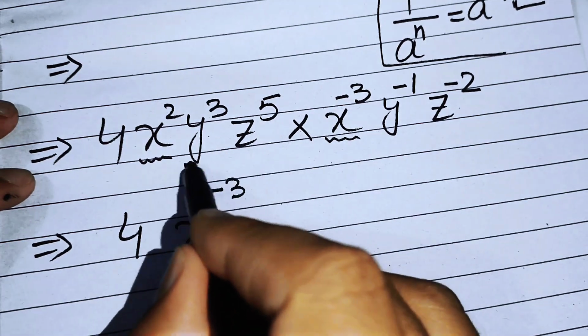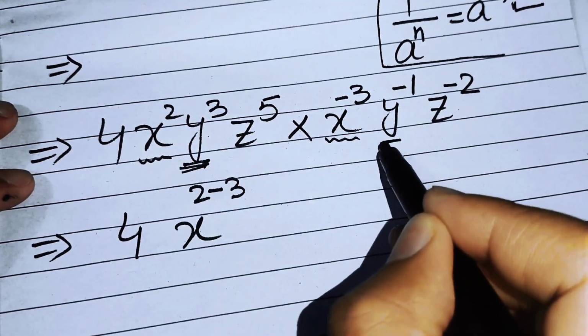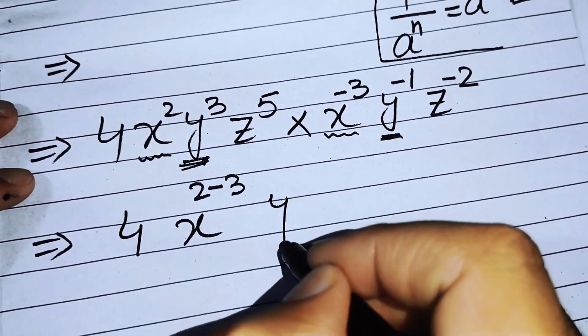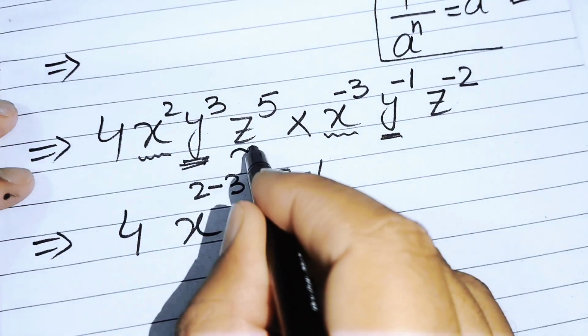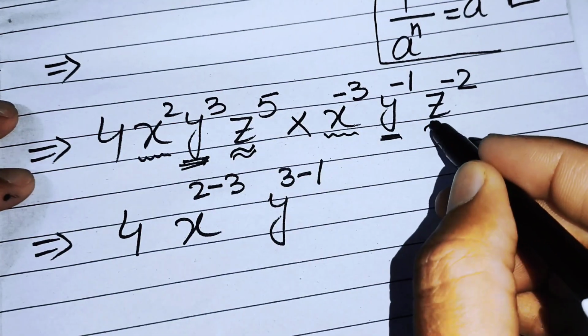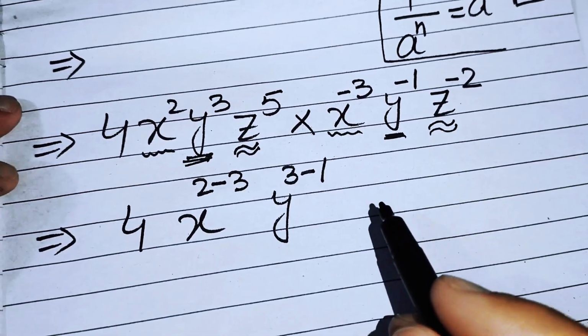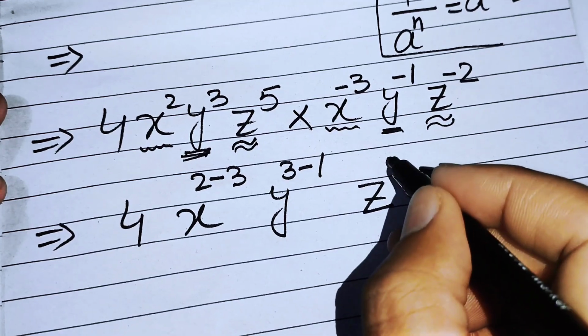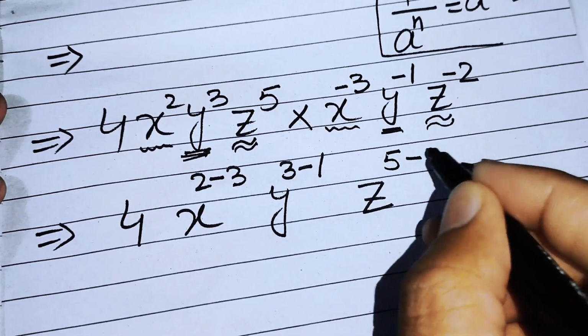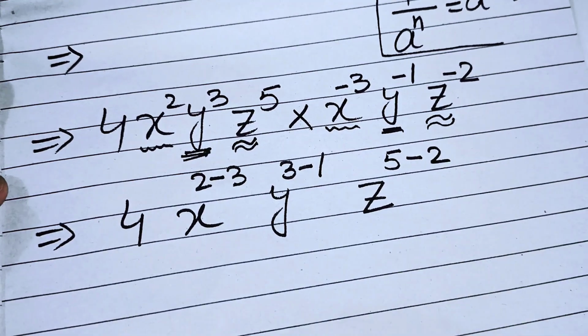After that the bases of this and this are the same, so we can add their exponents. Similarly, the bases of this expression and this expression are the same, so we add the exponents of these two terms. So it will become z to the power of 5 minus 2.